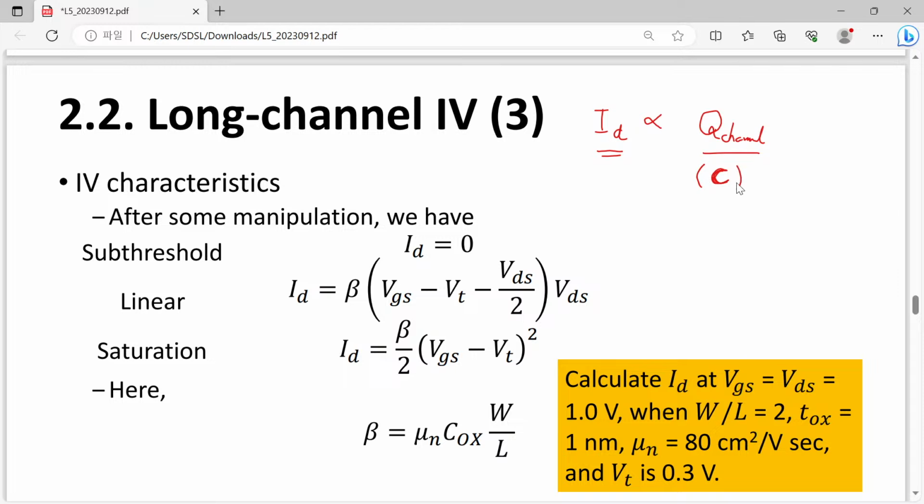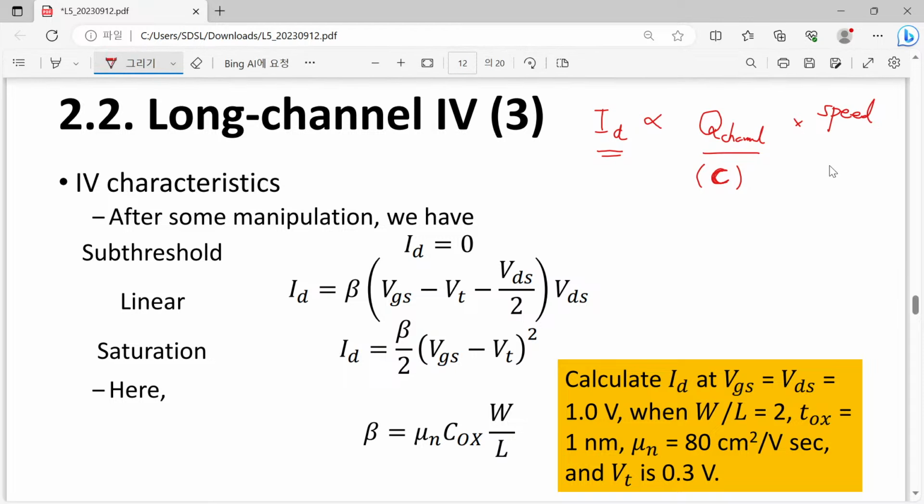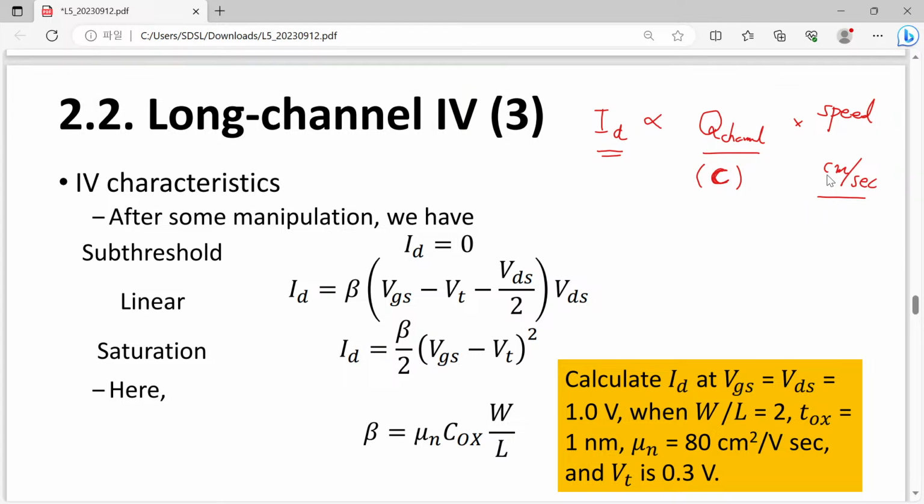So we wanted to introduce also the speed of our electrons, which has the unit of centimeter per second. That is required for our calculation.